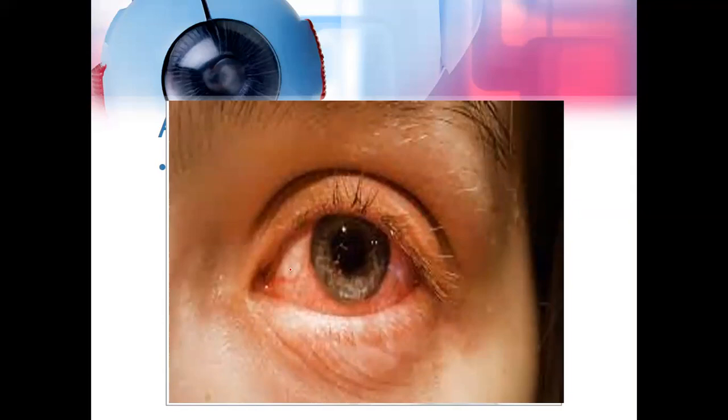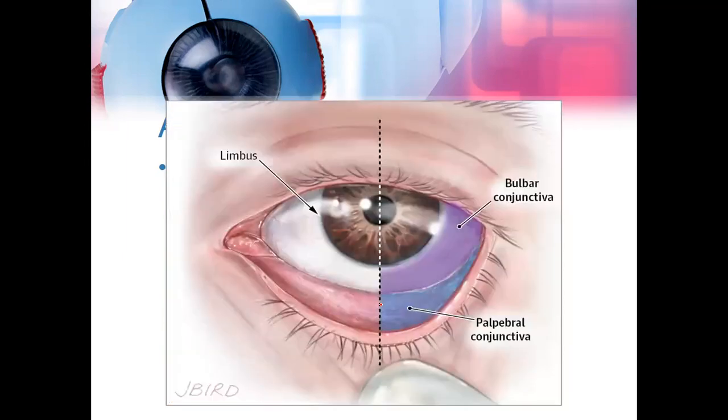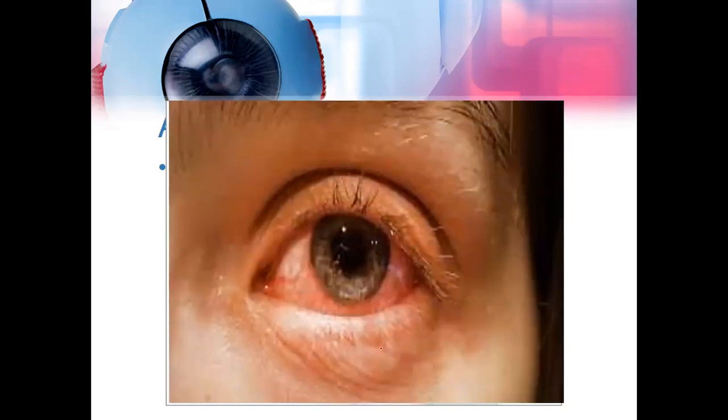I mean, there's an inflammation of the, which sort of conjunctiva? The bulbar one, right? Because the bulbar is around the eye, as we see it here. And the palpebral conjunctiva wraps the inner face of the eyelid, right? So what do you get?